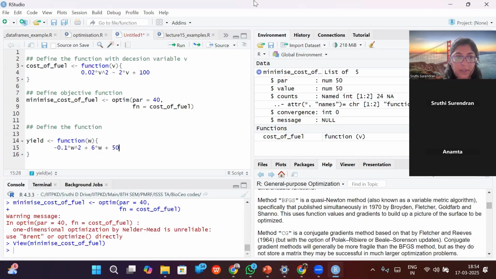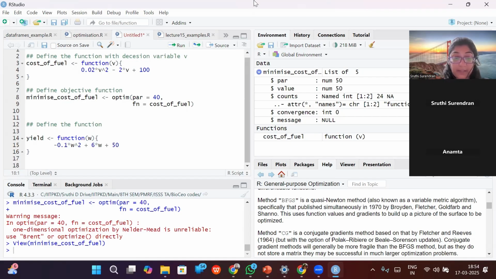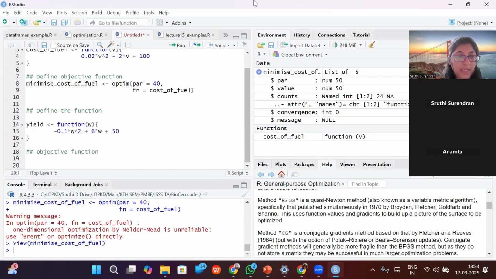This is the function. Now our objective function is going to be maximize yield.